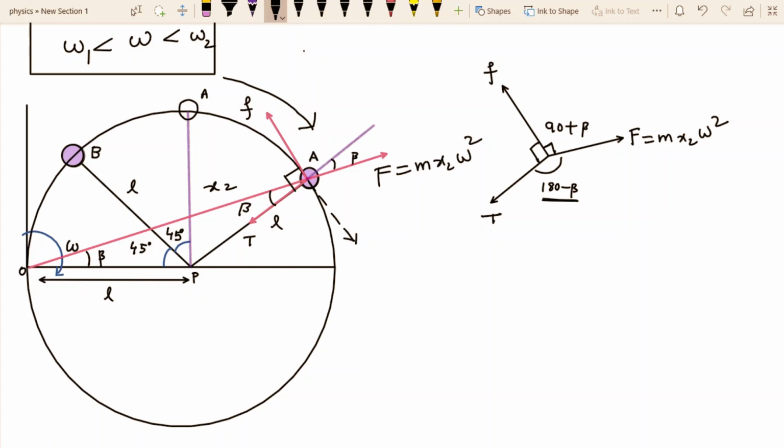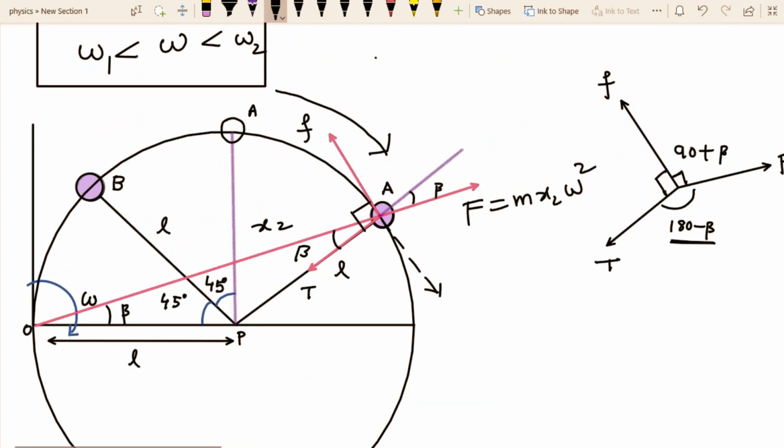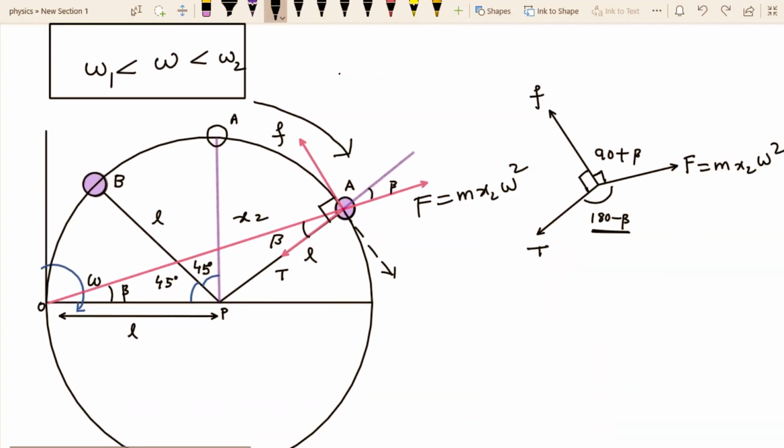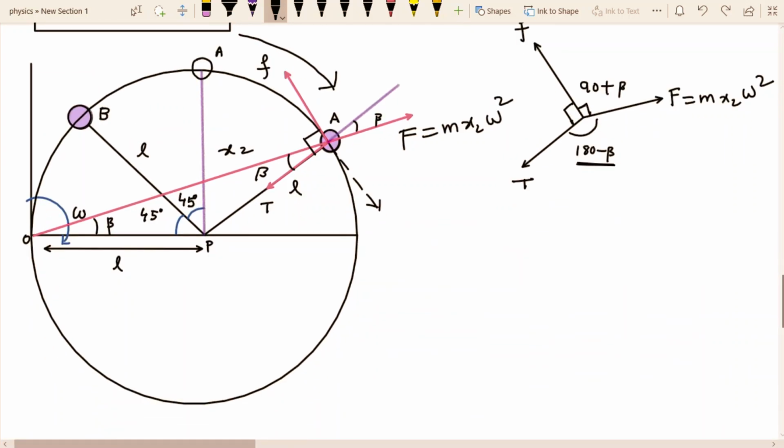Okay, and we know that this angle is 90, so I have directly written here 90 plus beta. The angle between the frictional force and the centrifugal force is 90 plus beta. Okay, so after getting the angles, then direct application, no issue.